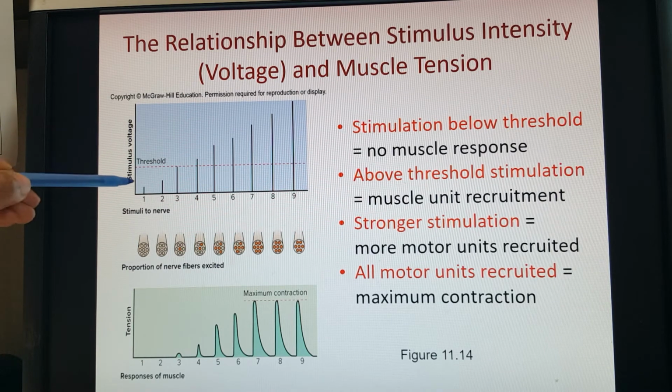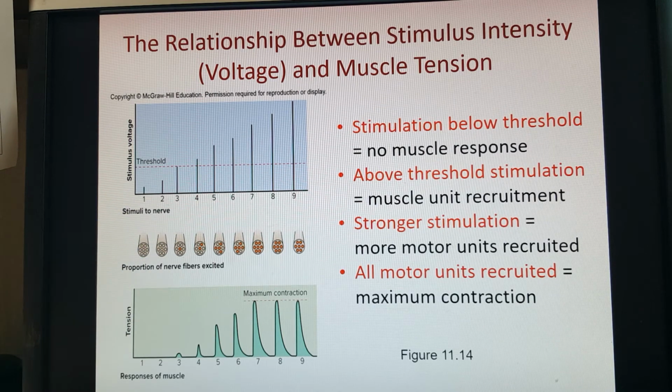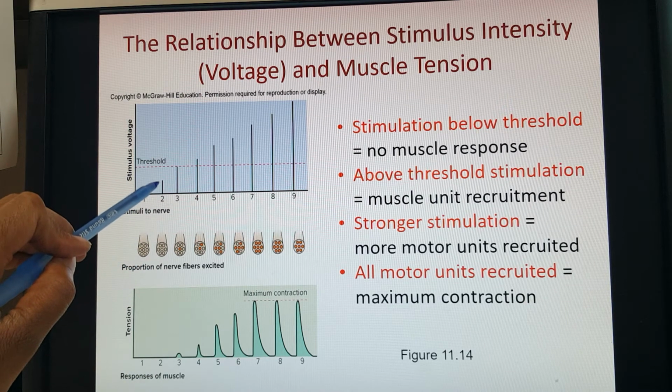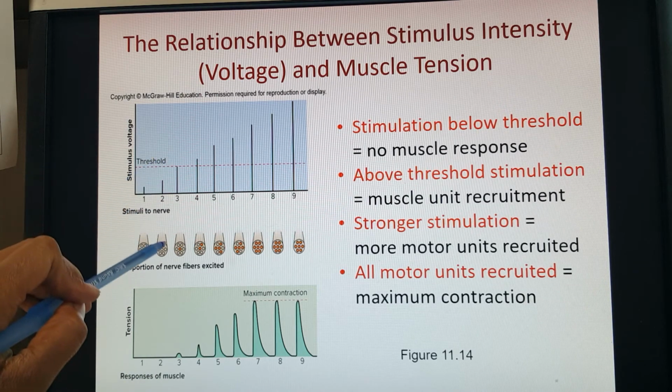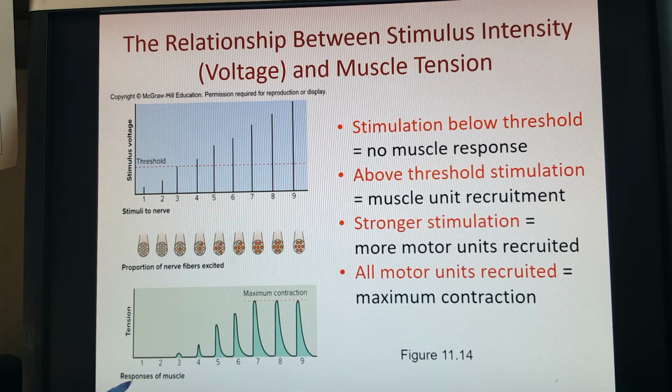So going back to the top, our first two have not enough stimulation to reach threshold. No motor units are recruited, and therefore you have no contraction. Number 3, that stimulus is at threshold. One motor unit is recruited, so you have a little contraction.